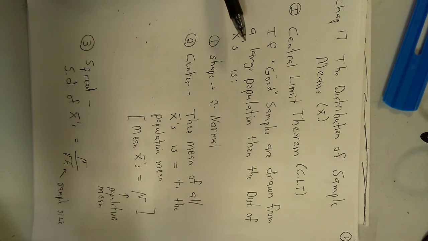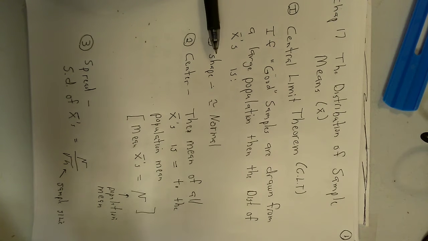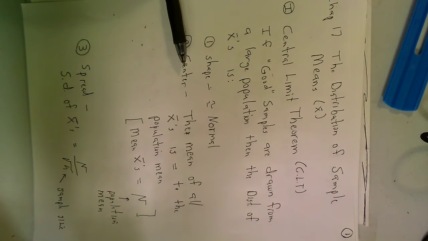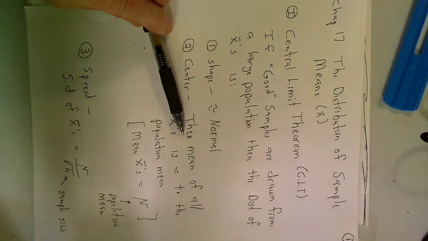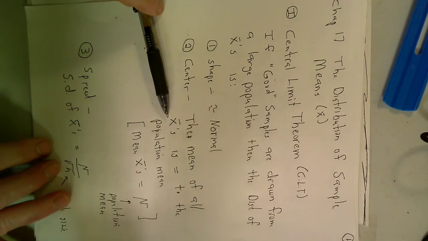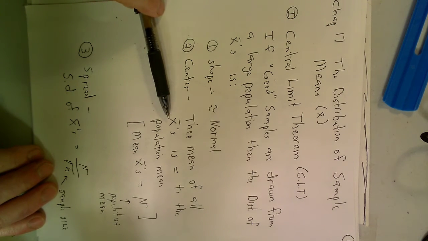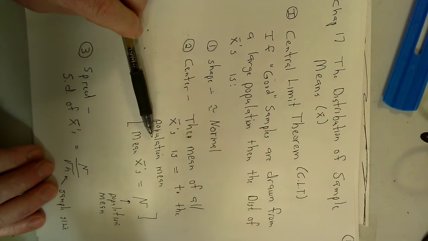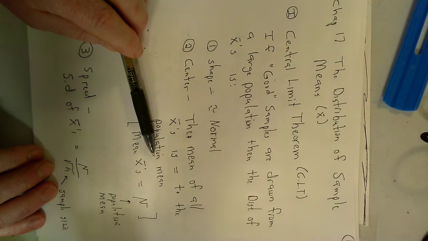Okay, so if your samples are good, then if you take every single sample of a given size, find the sample averages, and make a histogram out of them, shockingly, the shape of that histogram is going to be approximately normal. The center, the average of the sample averages, is equal to the population average.